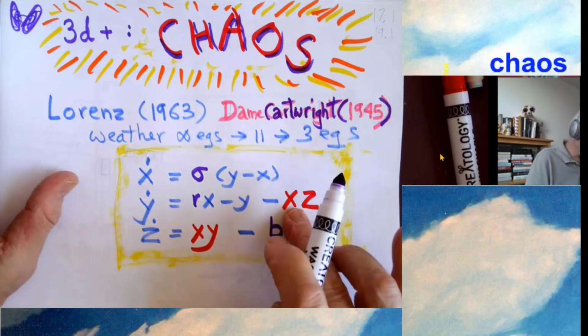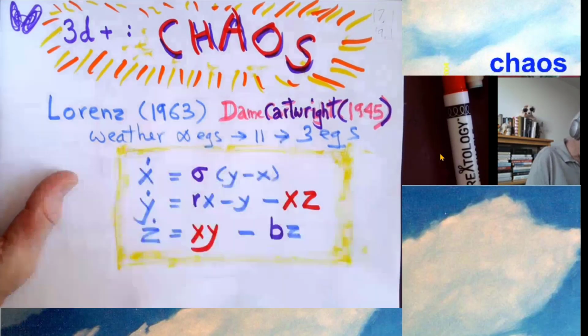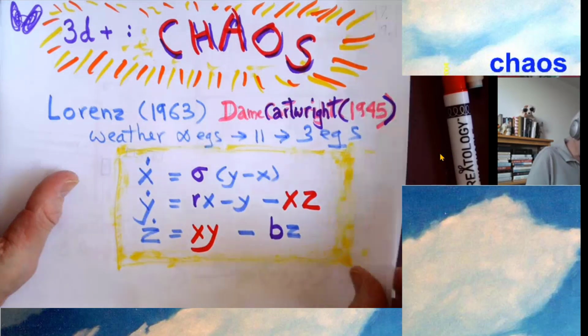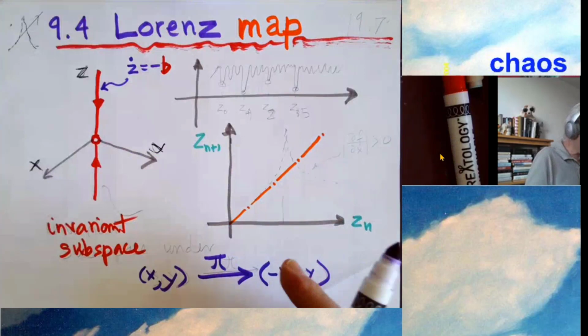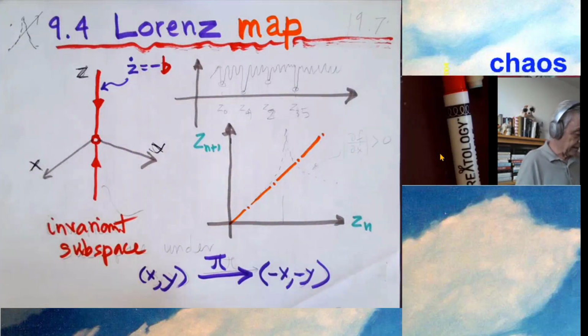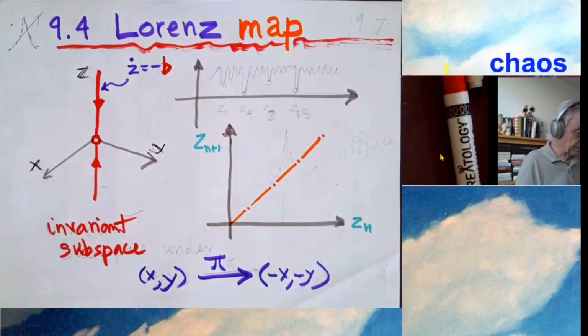If x is 0, it doesn't couple to y, doesn't couple to x. So motion on the z-axis doesn't cause any change in xy coordinates. It's an invariant subspace. It has a property that this coordinate is invariant under the symmetry of the problem.